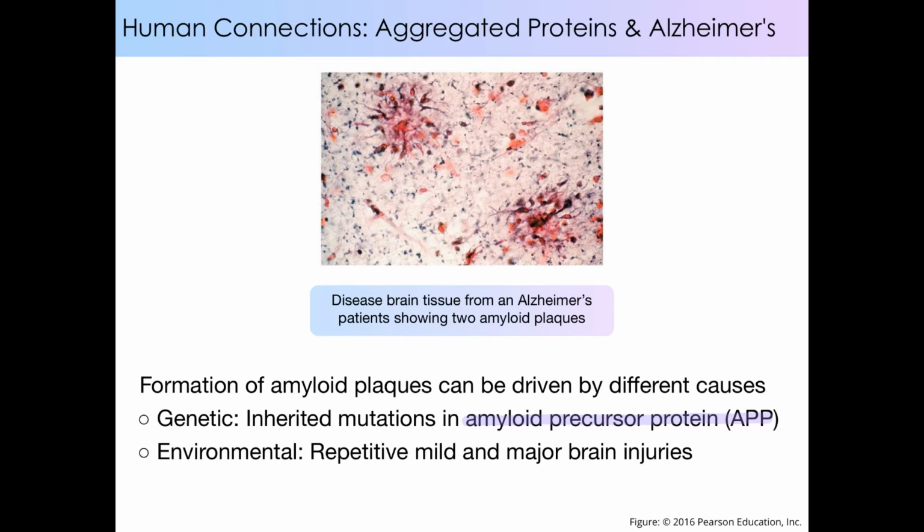But most cases of Alzheimer's disease are not familial, they're not inherited cases. So these are sporadic cases, and their causes are not well understood, but some of the causes are being addressed. For example, it's well known that repetitive concussions like those that are experienced by professional football players or boxers are associated with increased risk of Alzheimer's disease.